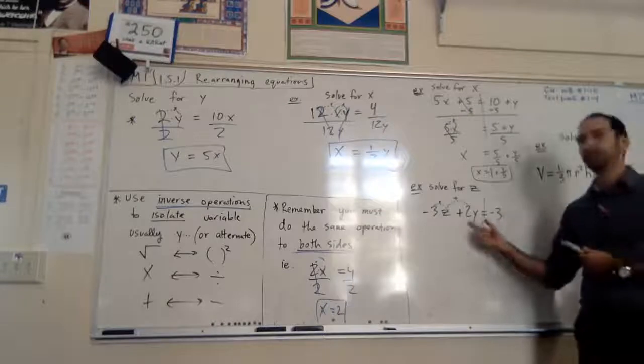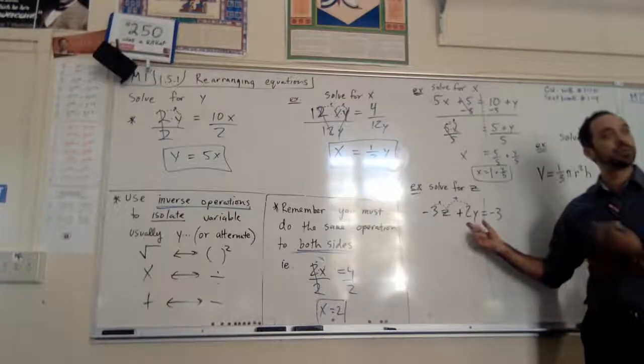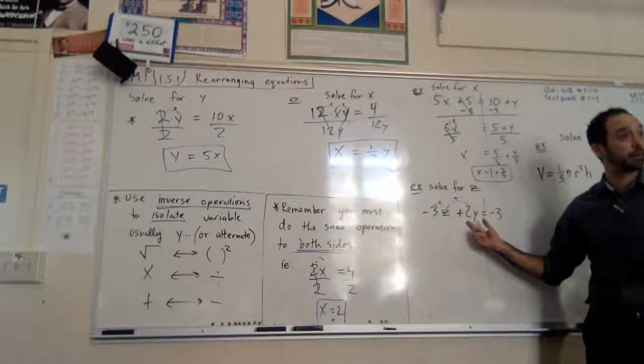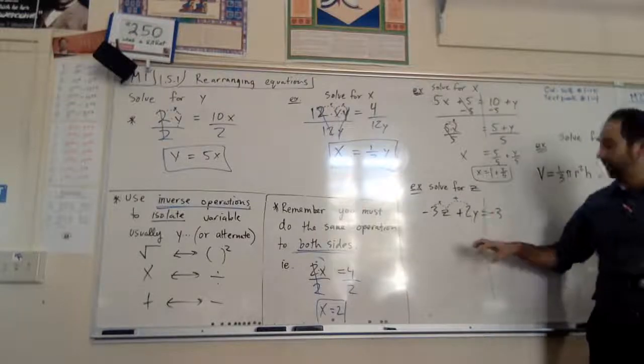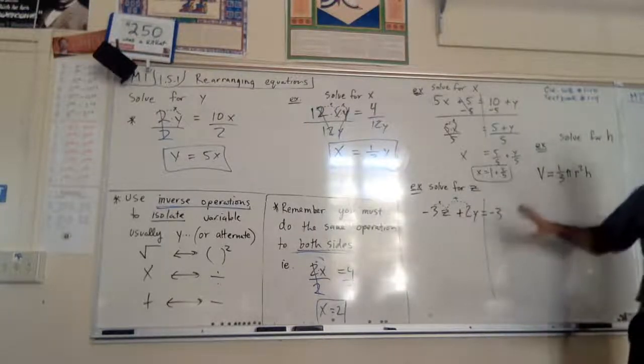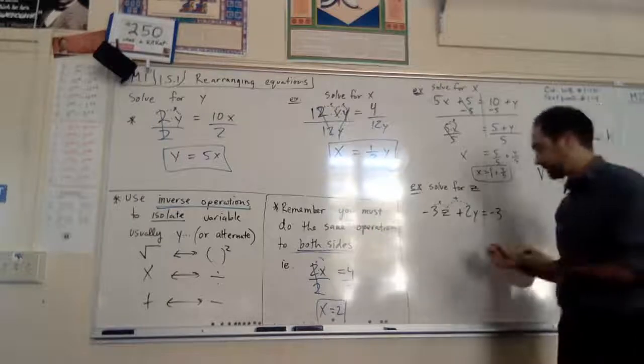Usually we see a variable and we think, oh, I need to divide by 2. Who thought that first? You think, I need to divide by 2 to deal with the y, right? No. We want to move that whole term over to the right. In our answer, we're going to have this y value.